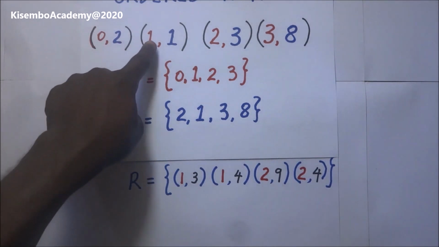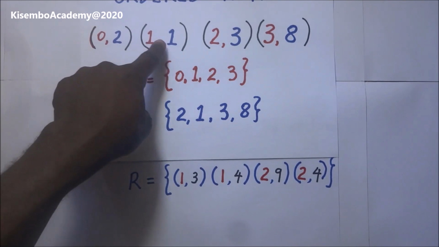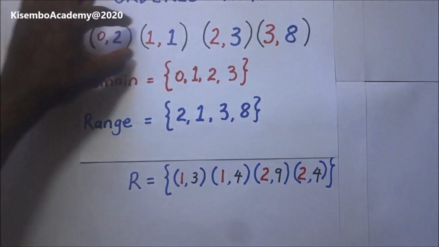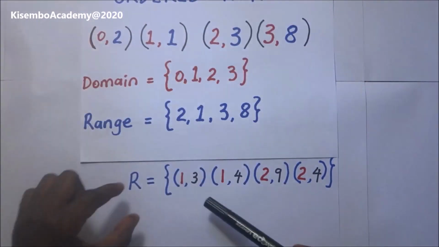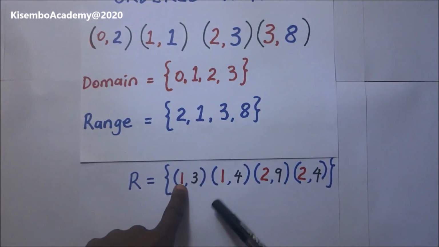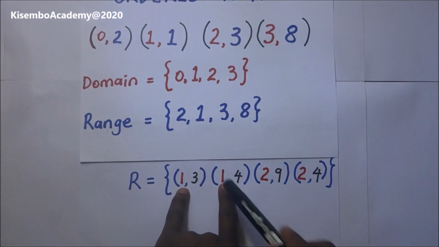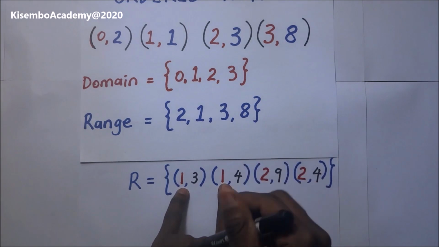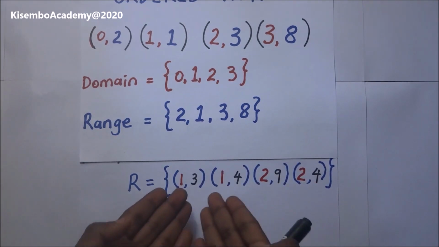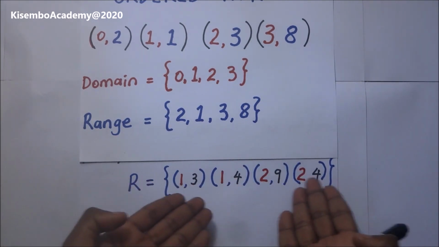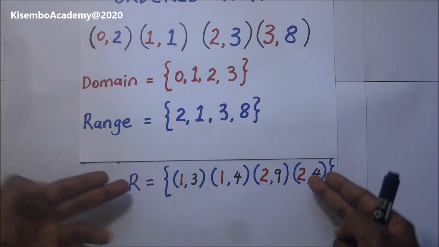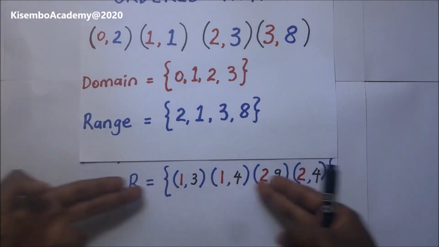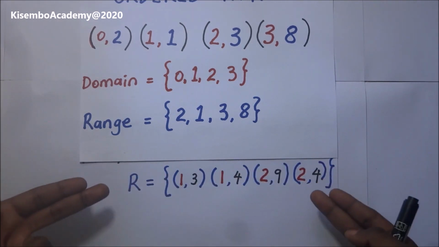If the input is 1, it can only give us one output as far as these ordered pairs are concerned. But when you look at these ones, it is one input, 1, but this one input is giving us 2 different outputs. So this ceases to be a function. These ordered pairs are not representing a function. These ordered pairs are representing what we call a relation.